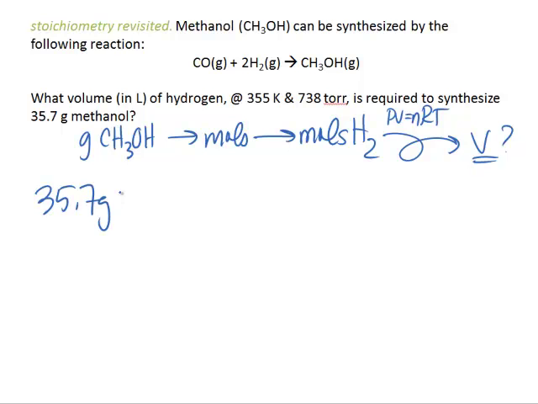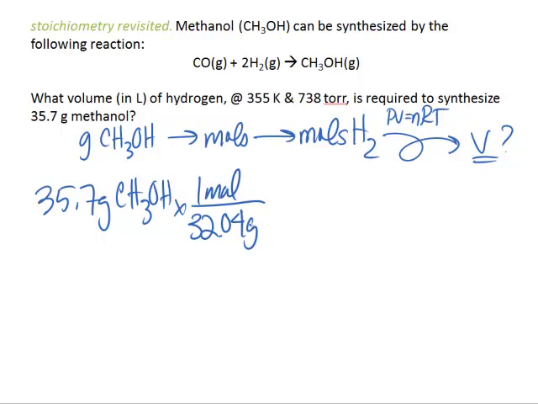35.7 grams of methanol. If you calculate the molar mass of methanol, you'll find that in 1 mole we've got 32.04 grams. And if we go to our balanced chemical equation, we can see that 1 mole of methanol is produced from 2 moles of hydrogen.